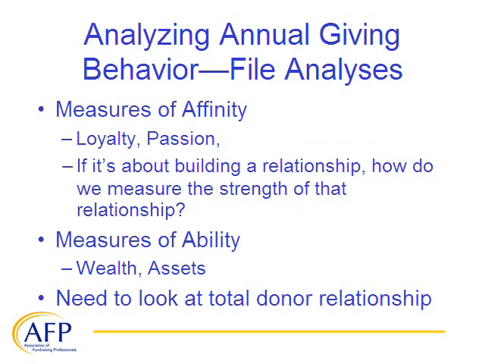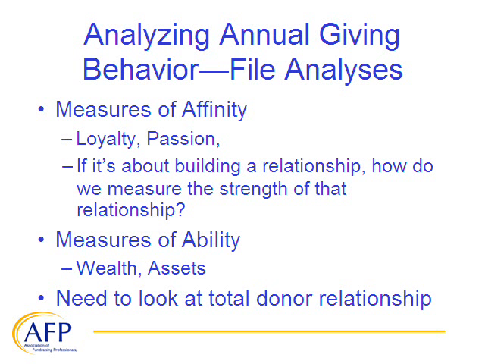The first question we want to ask ourselves when trying to identify major donor prospects is to look at our annual giving behavior. We want to look at the behavior of those individuals who have chosen to donate to us. What file analyses can we use so that we can identify major donor prospects?